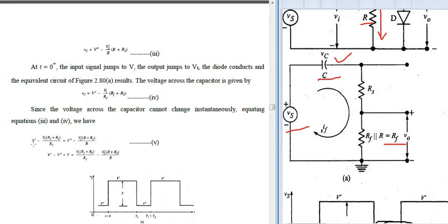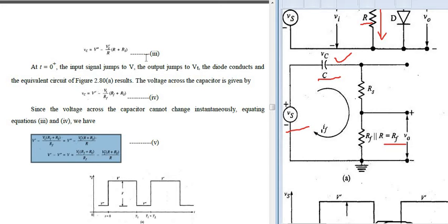So what I'll get, V1 is equal to V1 divided by RF plus Rs divided by RF. This is very simple, you just have to equate. I am equating both conditions. Vc will be cancelled. So your V1 is equal to V1 into RF plus Rs divided by RF. And what is V2 double dash? V double dash is equal to V2 into R plus Rs divided by R. Yes or no?